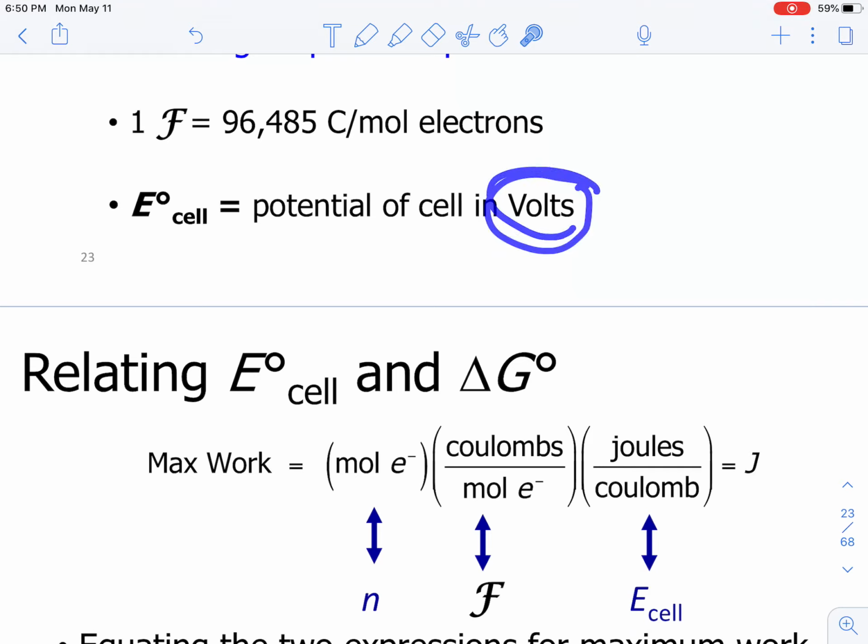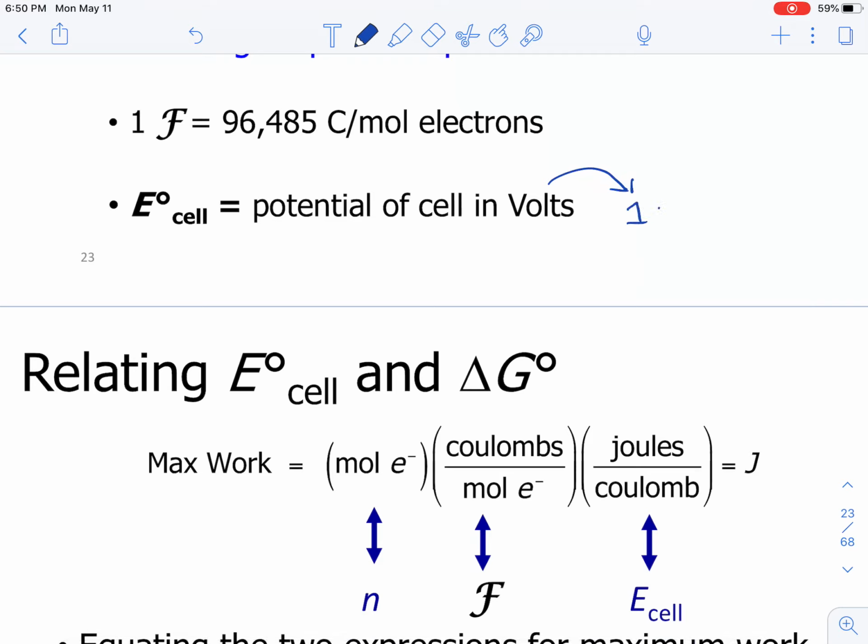This is something we've looked at or calculated over and over again for the past two lecture videos. But when you are relating E cell and delta G, this volts needs to be converted into joules per coulomb.